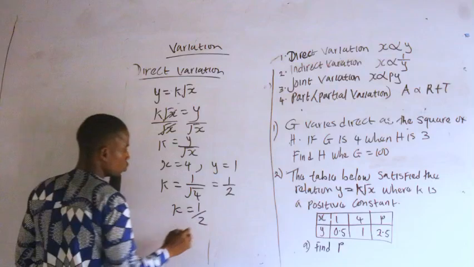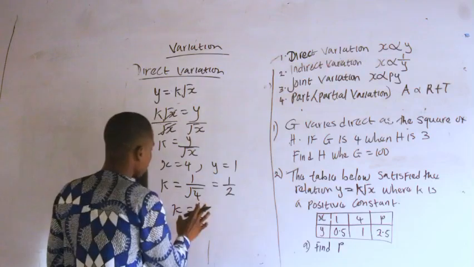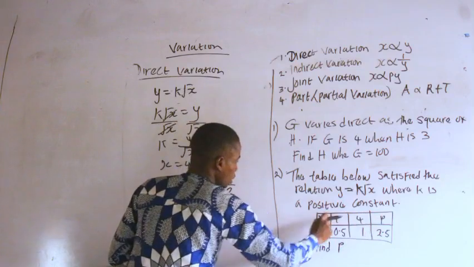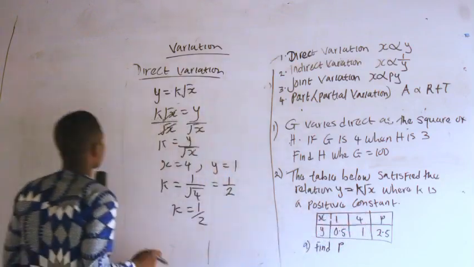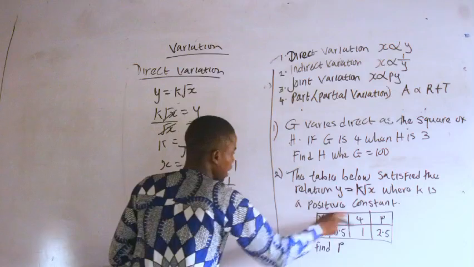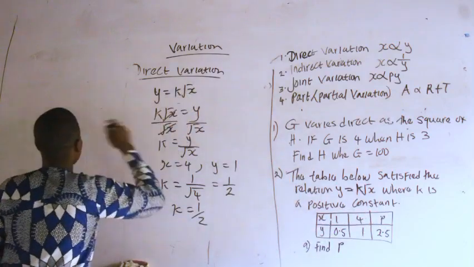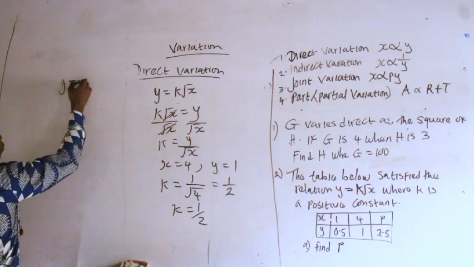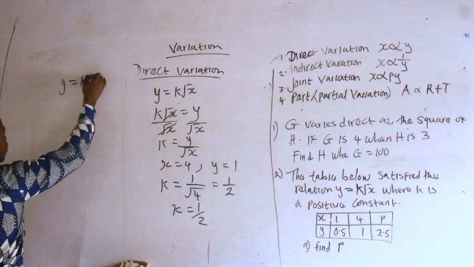After that, because I've already found k, I can now use this one to find this. I'm looking for the p now. I can now use the x that is here by using this formula. It will now be y equals k root x.